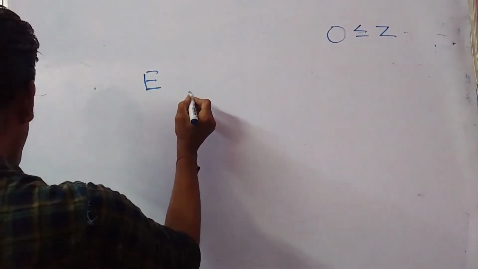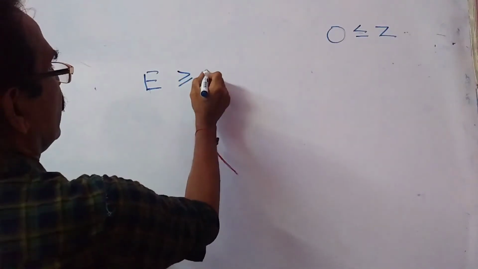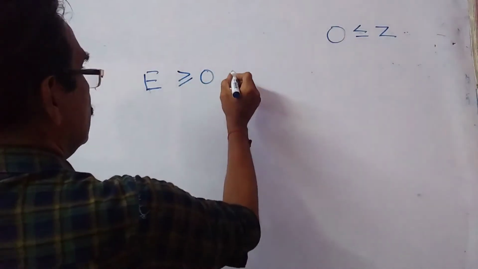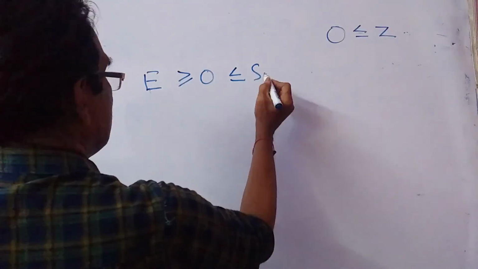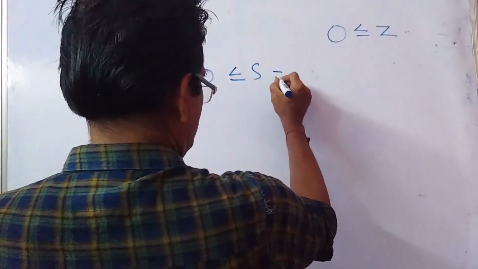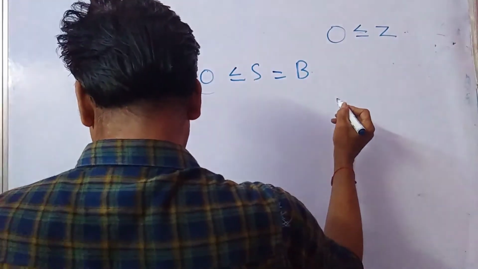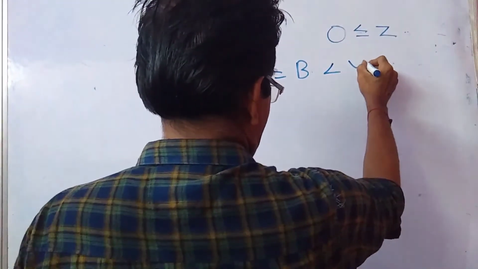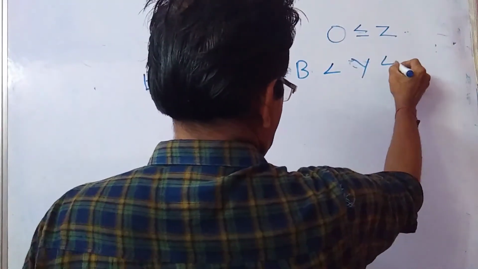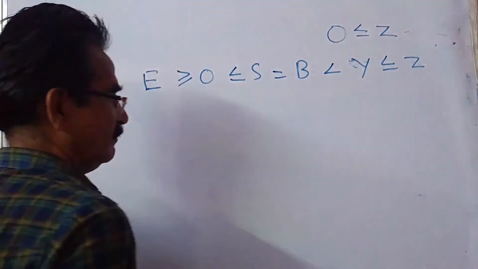First option: E greater than or equal to O less than or equal to S is equal to B less than Y less than or equal to Z.